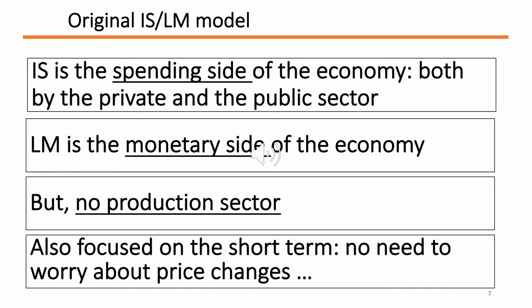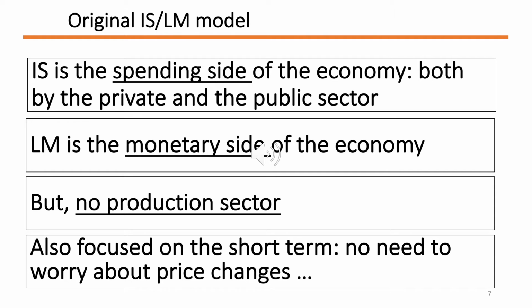But critically, there is no production sector in this model. There is no explanation as to how production is made, why we have an X level of output, or why output is increasing or not. It's all about spending and money.